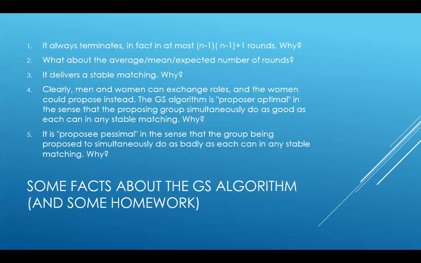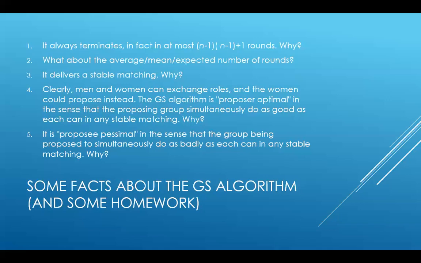Now, here's the thing that's kind of annoying. It's proposer optimal, so the men are as well off as they could possibly be, if the men are the ones doing the proposing. Even though it feels like the women have all the power, because they're the ones rejecting certain proposals, it turns out that the ones being proposed to, namely the proposees, end up in the worst possible situation.